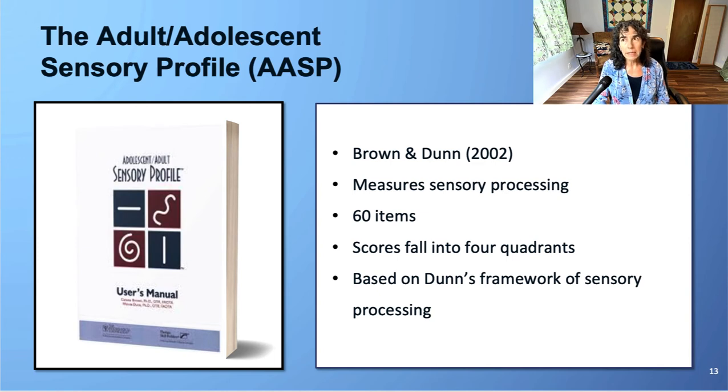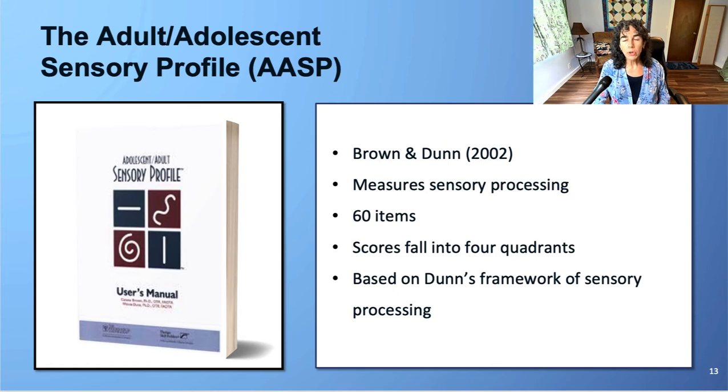Winnie Dunn is a huge proponent and expert on sensory integration and sensory processing, has done a lot of work. Very interesting individual. She was at University of Kansas, and now I believe that she's at the University of Missouri. The instrument, of course, measures sensory processing. That's why we looked into that so much right at the beginning of this lecture. There are 60 items divided into, I believe, 5 categories.